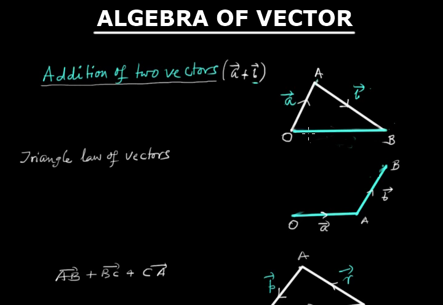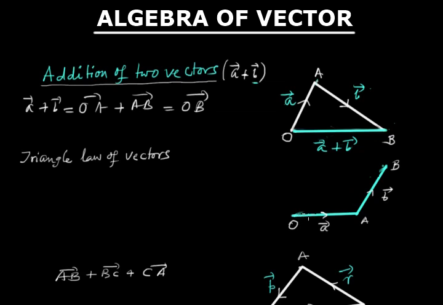This is called the resultant of these two vectors, and it is A plus B. So A plus B: vector OA plus vector AB is equal to vector OB.